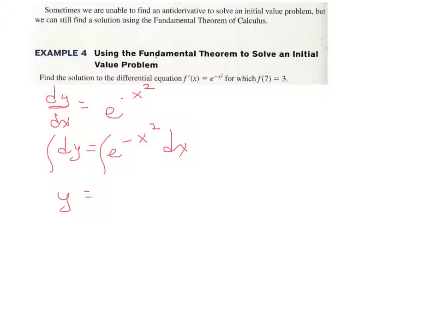But we can use our fundamental theorem of calculus number 2, the one we call number 2, to help us solve this problem. Because what we know is e to the negative x squared is a derivative. Okay, so this is a derivative.